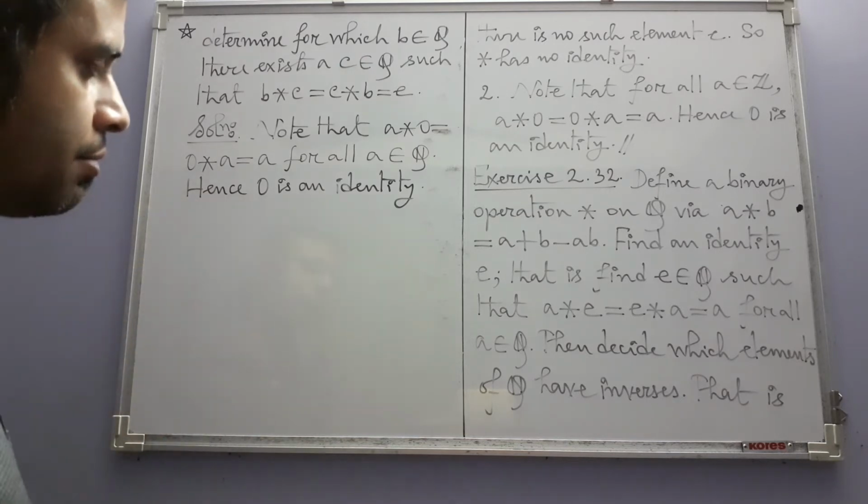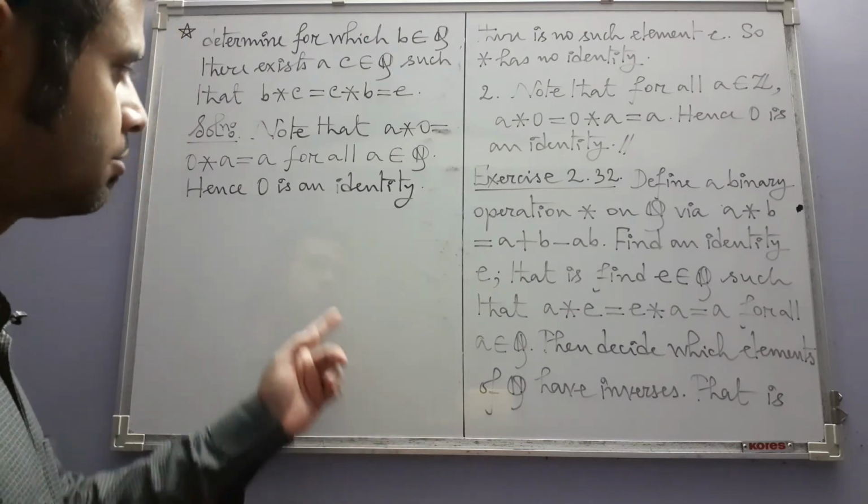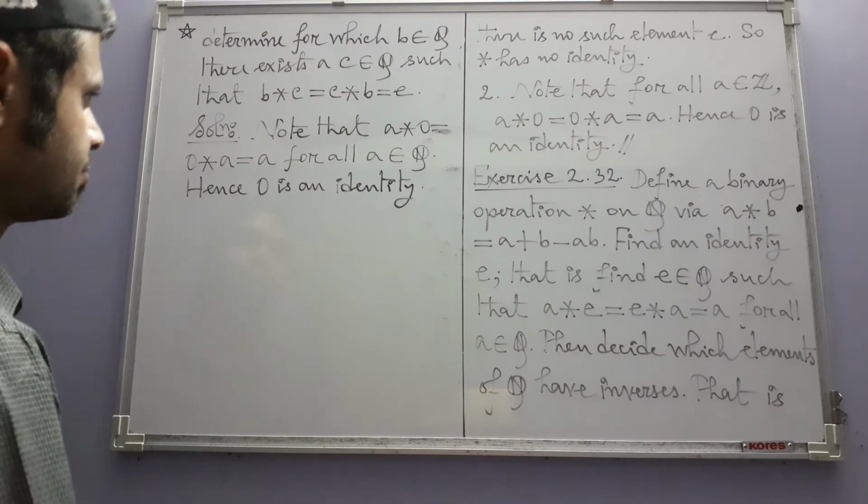Now, next we have to find those rational numbers that have inverses with respect to this identity.